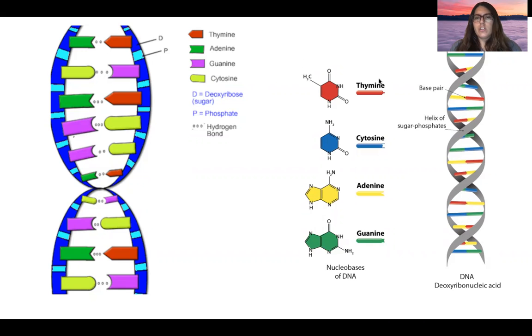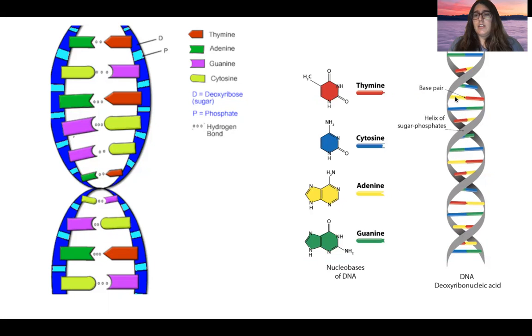So we have 4 nitrogenous bases: thymine, cytosine, adenine, and guanine. See how the structures here kind of differ. So when we pair them up, adenine and thymine are basically the perfect pair to pair up together, and then cytosine and guanine. Like I said, they will always pair up in that way.